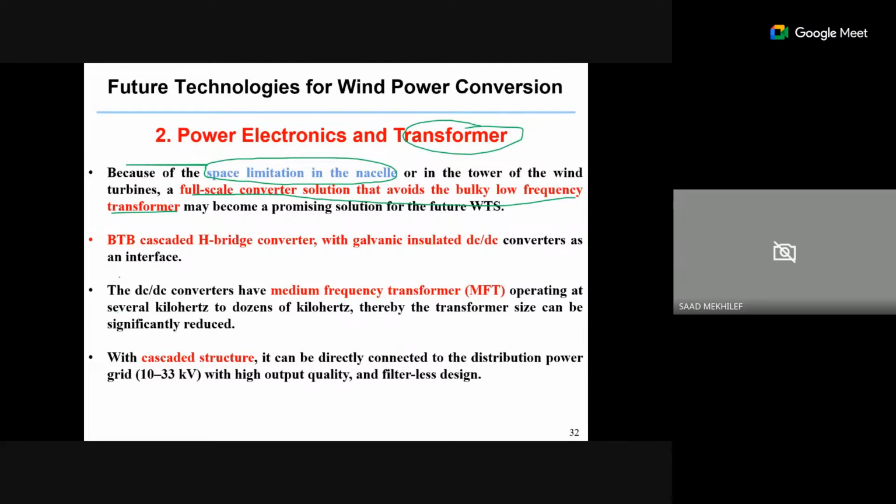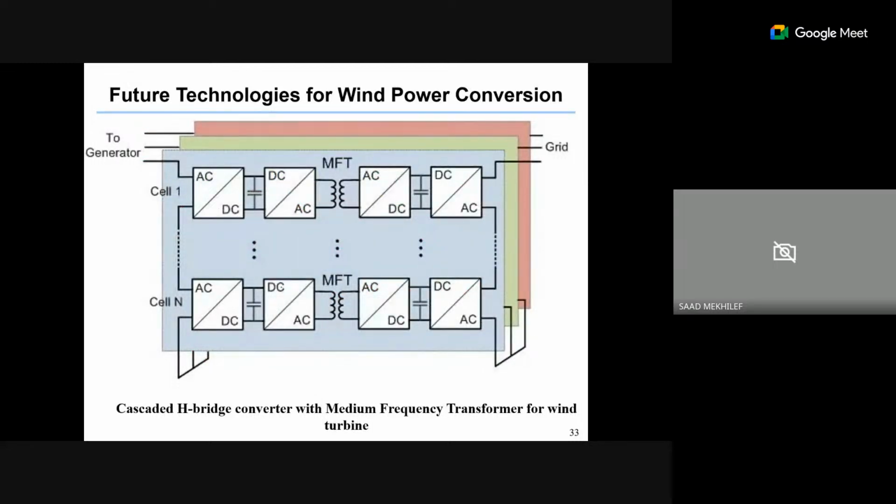Okay, back to back. This is another topology: back-to-back cascaded H-bridge converters with galvanic isolation DC-DC converters as an interface. This is one of the ways, and this is how it looks like. This is the future technology for wind turbine conversion.